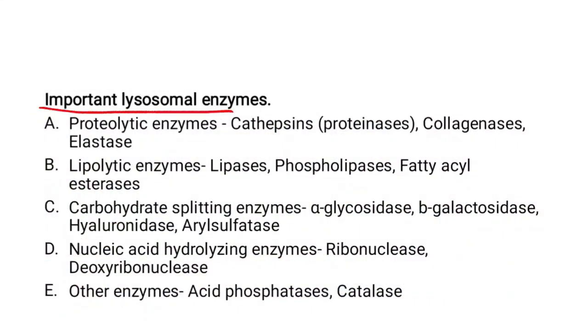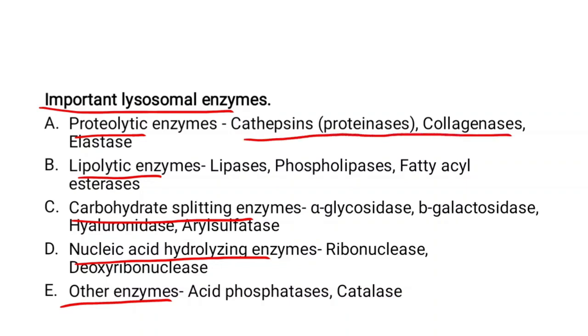Some of the important lysosomal enzymes can be proteolytic, lipolytic, carbohydrate splitting enzymes, nucleic acid hydrolyzing enzymes, and other enzymes like acid phosphatase and catalases. Proteolytic enzymes include cathepsins, collagenases, and elastases, whereas lipolytic enzymes are lipases, phospholipases, and fatty acyl esterases.